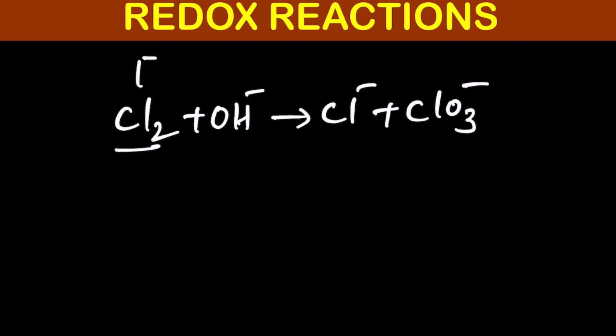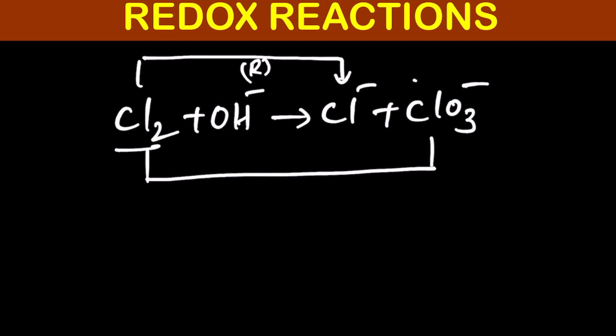Here chlorine is changing from 0 to -1, this is reduction. Here chlorine is changing from 0 to +5, this is oxidation. The same species is undergoing both reduction as well as oxidation, so we say chlorine is undergoing disproportionation, and this disproportionation is taking place in basic medium.